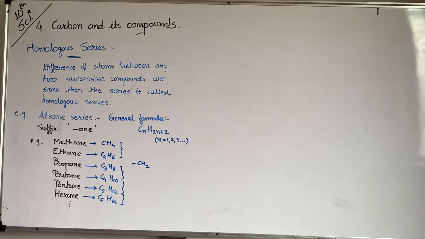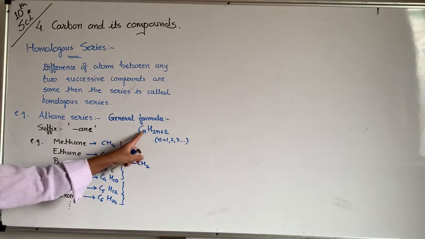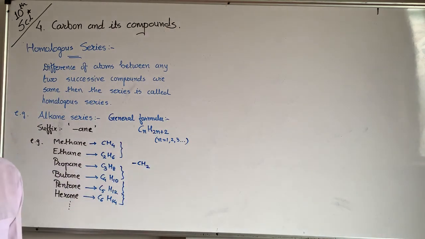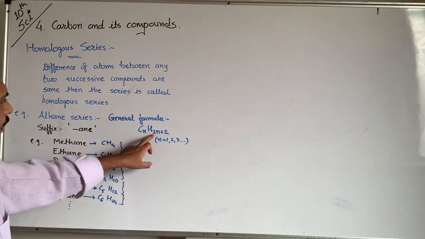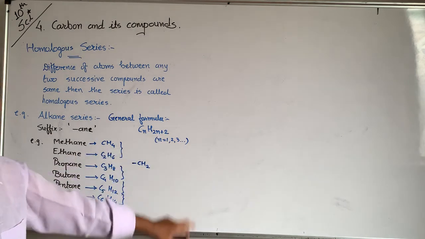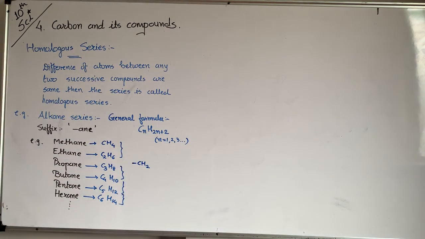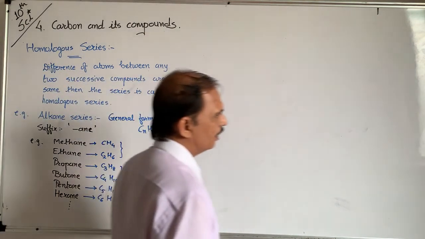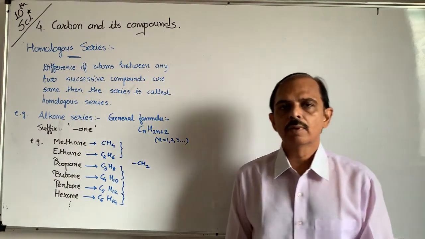If you place n equal to 1, then C1, 2 ones are 2, plus 2 is 4, so CH4. Suppose the 7th number, heptane: C7, 7 twos are 14, 14 plus 2 is 16, C7H16. In this way, you can find any compound.